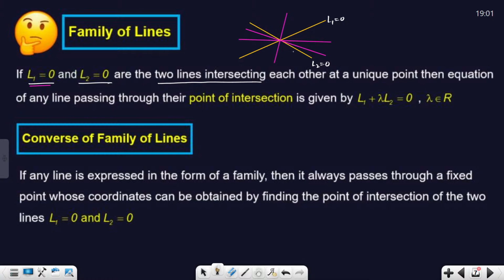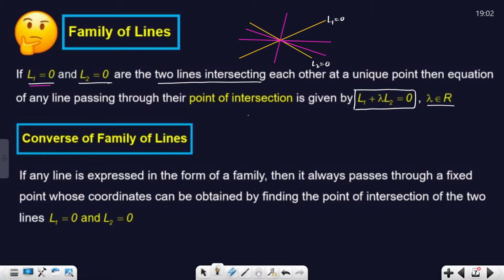All those infinite pink lines which have been shown here will be represented by this equation, that is L1 plus lambda L2 equals 0. And for different values of lambda, this is going to represent different lines. Is it clear? And what is lambda? Lambda belongs to any real value.